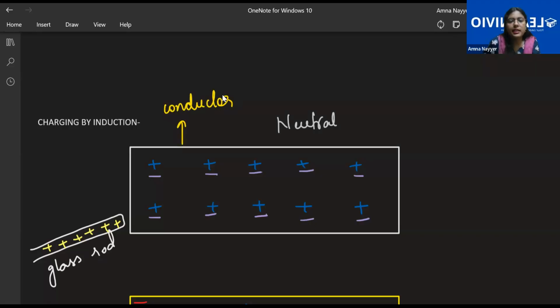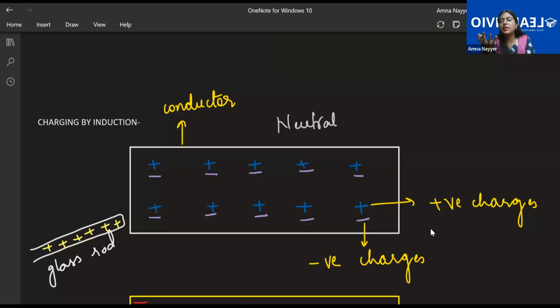These are the positive charges and these are the negative charges. You can see from the figure the positive and negative charges are exactly equal in number. Now what do I do here?